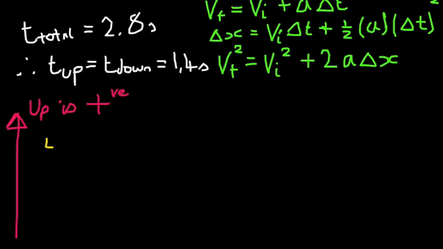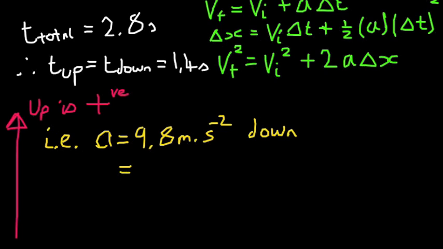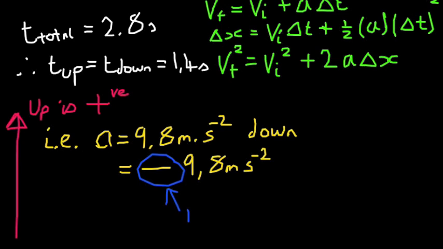For example, we know acceleration is always going down, and therefore, because we defined up as positive, acceleration equals negative 9.8 meters per second squared. It is also worth noting that it really doesn't matter which one you choose, so long as you stick to it for the whole problem. Make sure that you don't mix your directions.